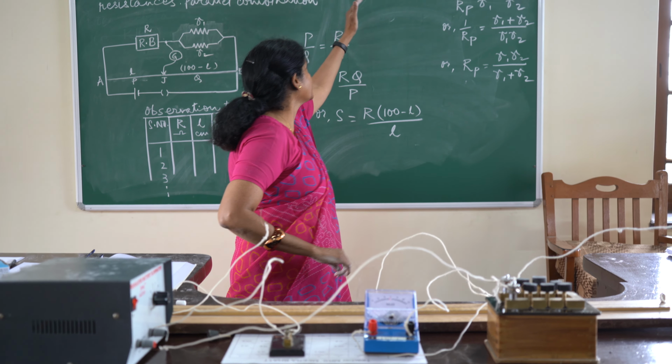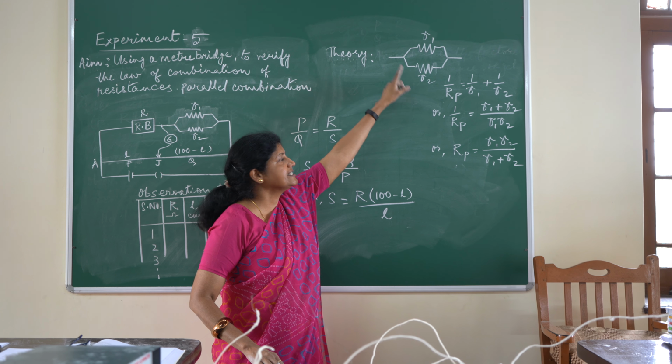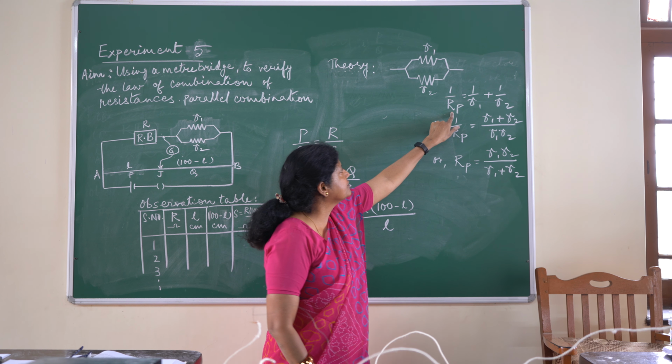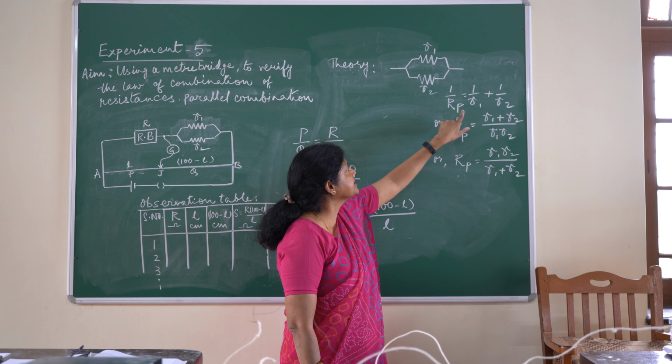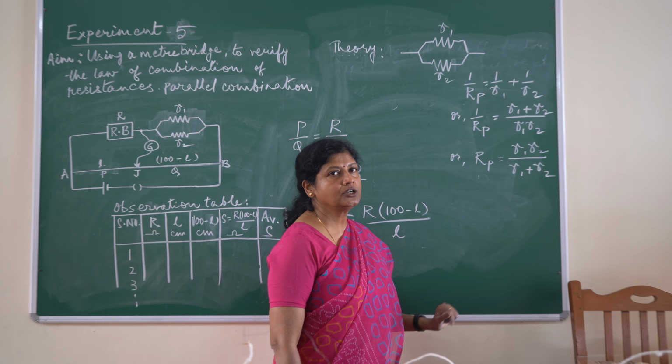Now come to theory. We know that when 2 resistances are connected in parallel, the equivalent resistance Rp is given by 1 upon Rp is equal to 1 upon R1 plus 1 upon R2.